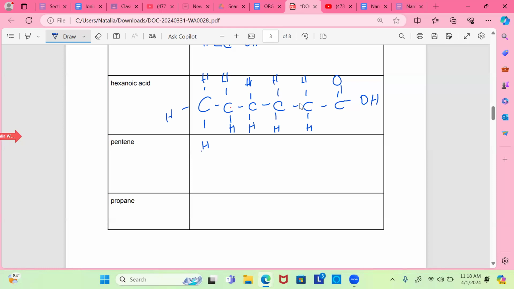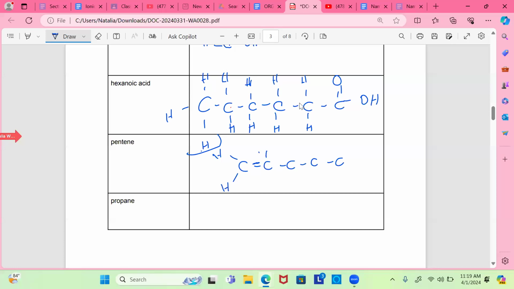All right, then we have pentene, 5 carbons. What's the functional group? Carbon double bond. I just choose to put it there so that carbon is bonded twice.